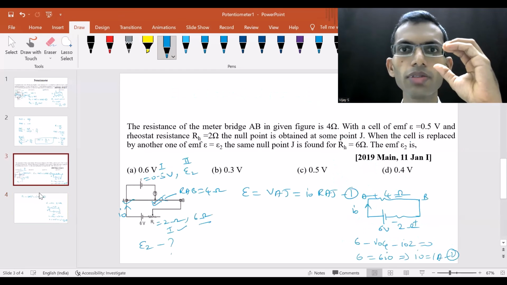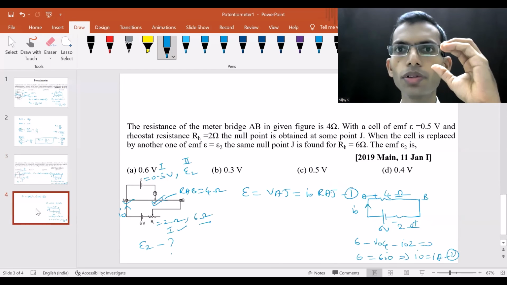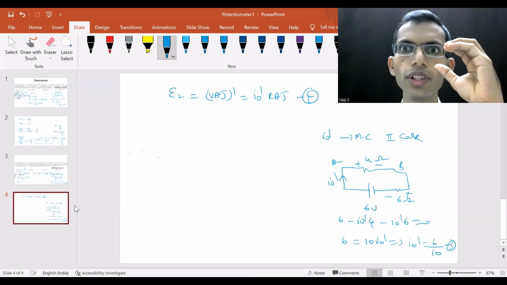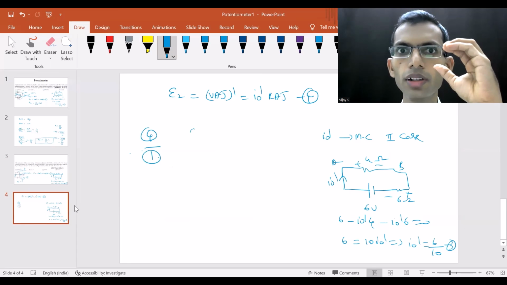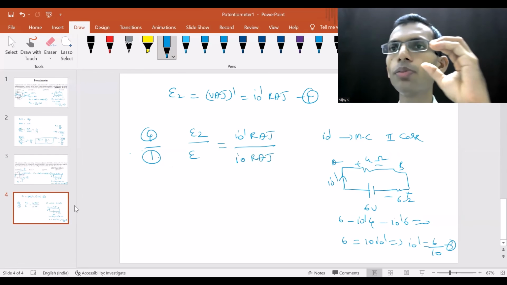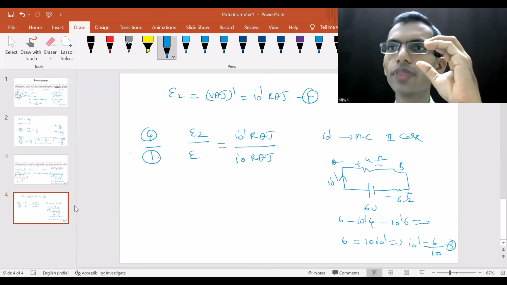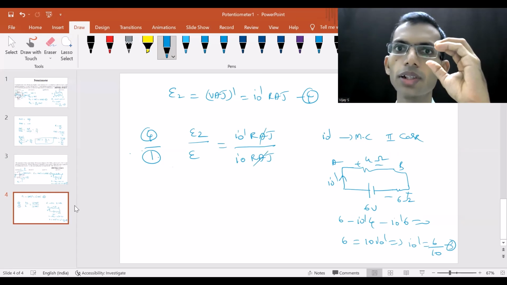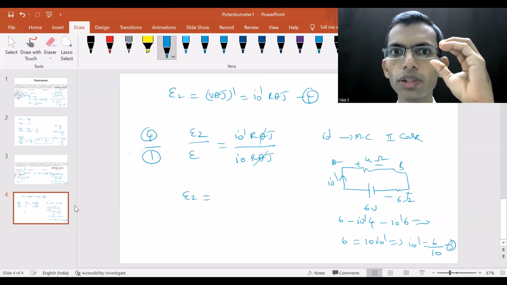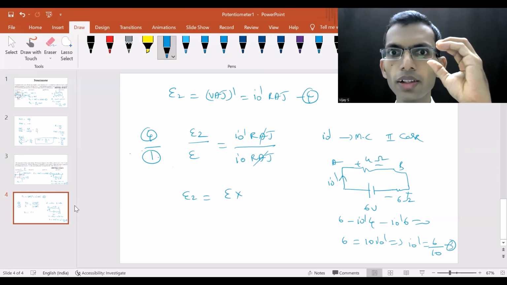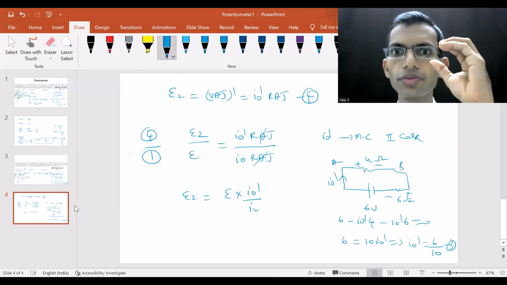When we consider equations 1 and 4 and take the ratio of these two, E2 by E is equal to I0 dash into RAJ by I0 into RAJ. As the null point is coinciding, the resistance of the wire between A and J is the same, so they can be cancelled. So E2 becomes E into I0 dash by I0.